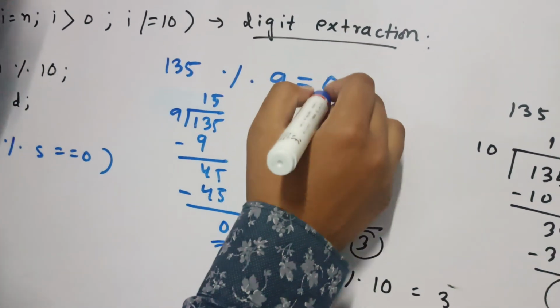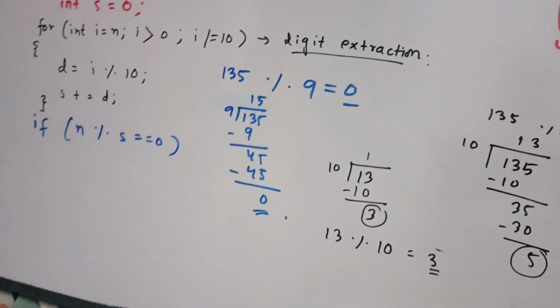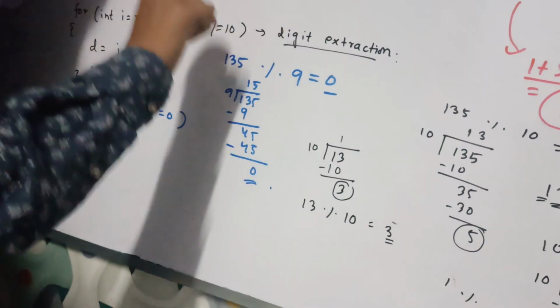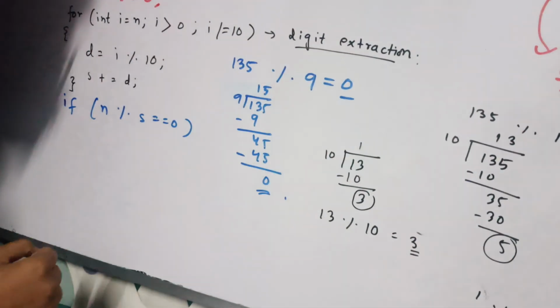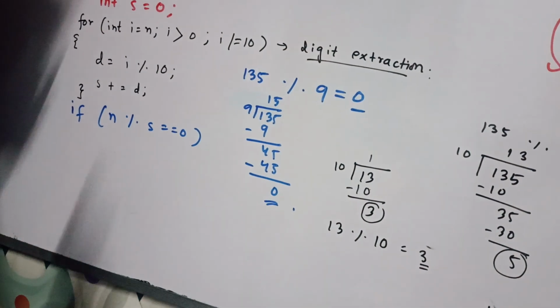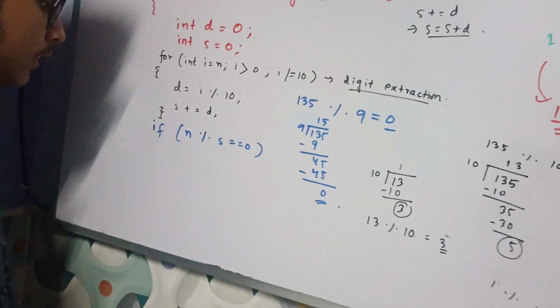We are getting the remainder 0. So when the number is divisible by the sum of its digits, and after performing the mod function the remainder is 0, only then can we say it is a Harshad number or Niven number. So this is the condition we will apply.